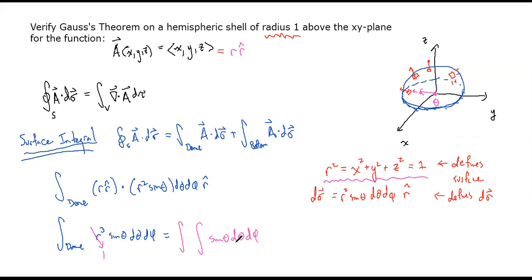What are my theta limits and what are my phi limits? 0 to pi, and then 0 to 2 pi?